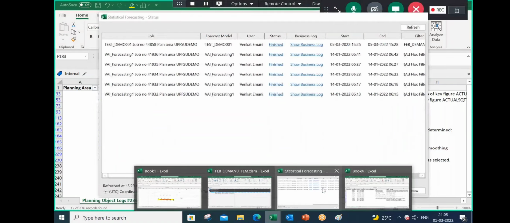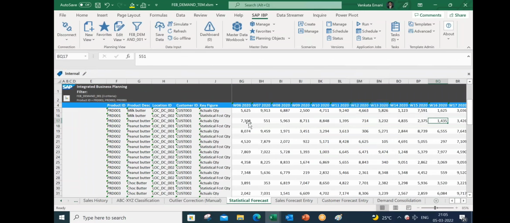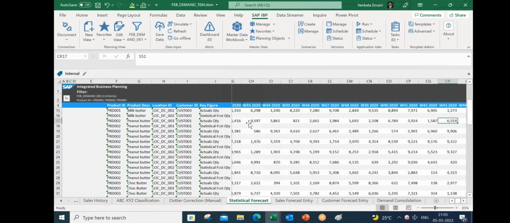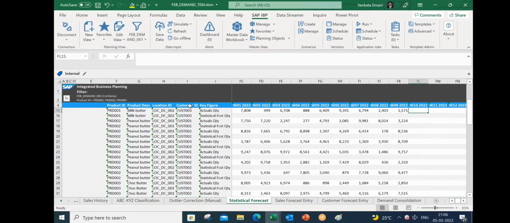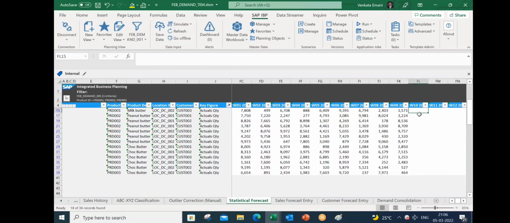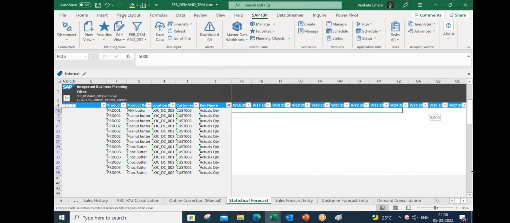So what we will do now is select the actual quantity and give some values here, like 5,000 across.